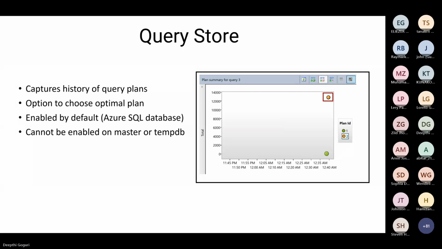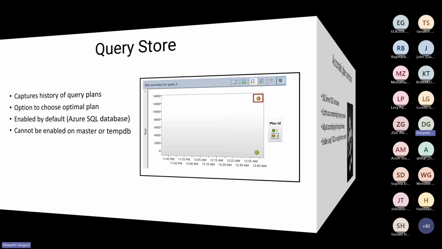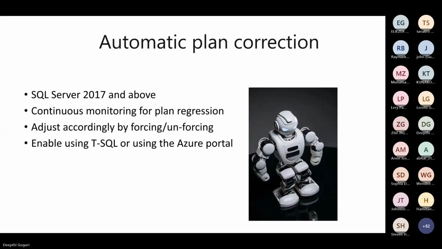But then they added an additional advanced feature within the Query Store, known as automatic plan correction, which corrects the plan automatically for you. This feature is available from SQL Server 2017, and it is Enterprise Edition only, as well as automatically available in Azure SQL Database.